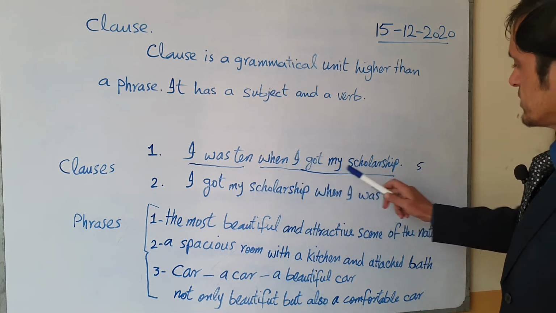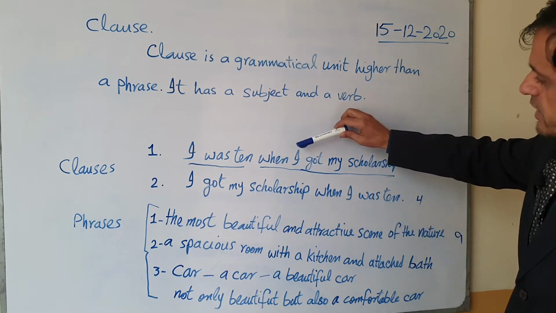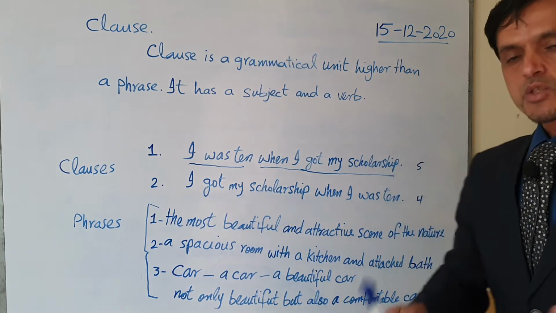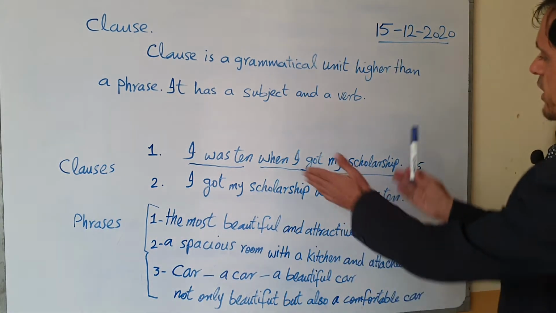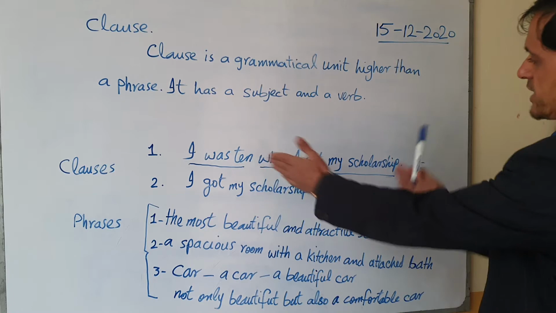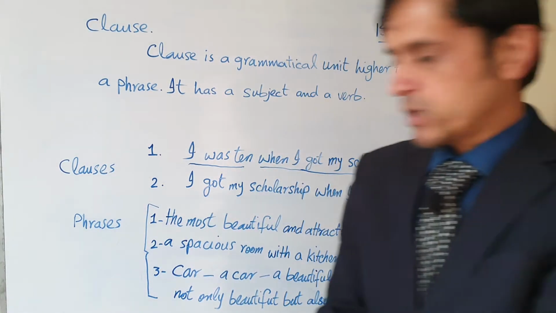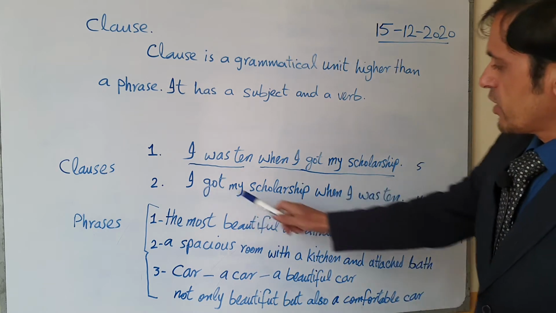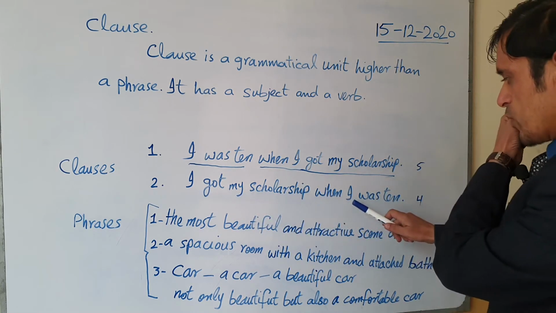When I got my scholarship. Now here I is the subject and got is a verb. So this is also a clause. And you can also write this structure in another way, like this: I got my scholarship when I was 10.